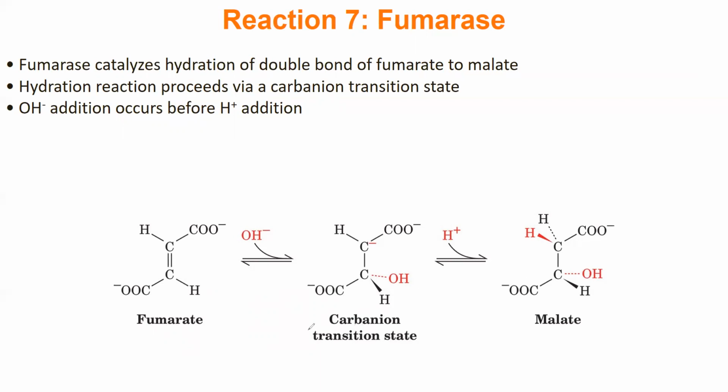Here we have a very interesting transition state, a carbanion, which is a negatively charged carbon. And if you remember from organic, that is very unfavorable. So this is very short-lived.